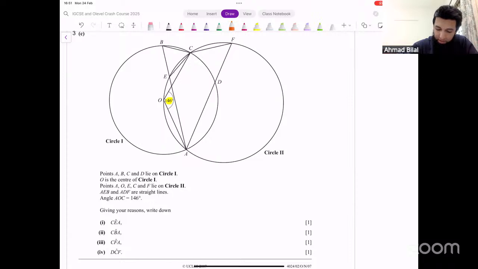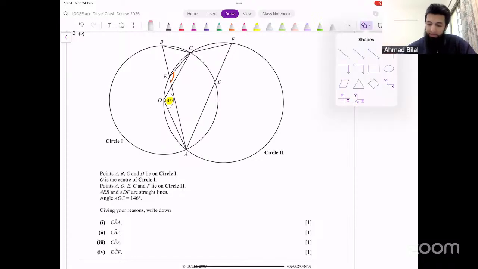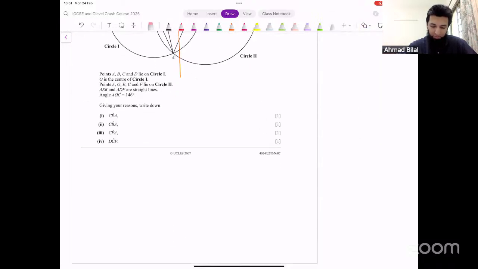That's this angle here. What is this angle going to be? How do we think about this? You see, we know 146 degrees. This is the angle that we know already. Where is this angle coming from? This is the angle made by the chord CA.